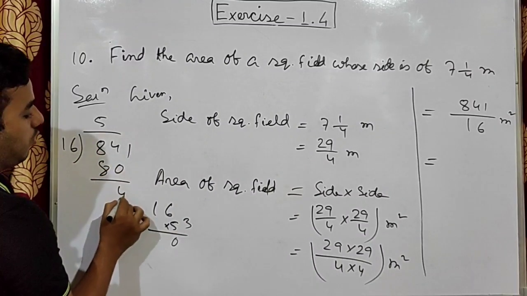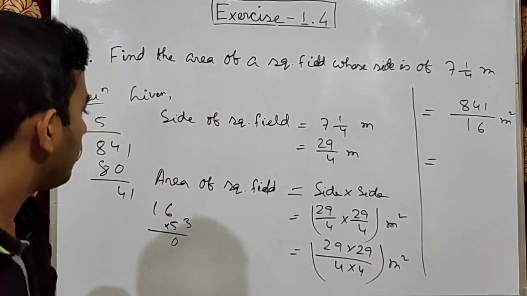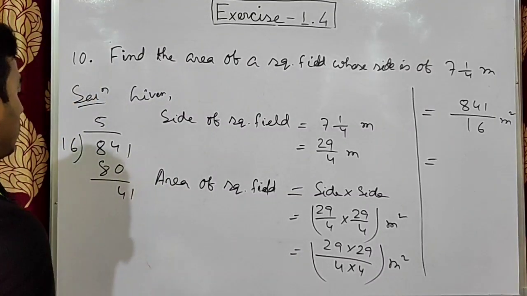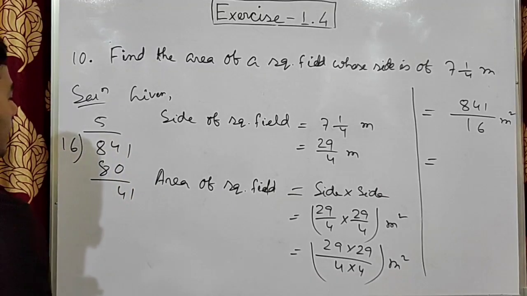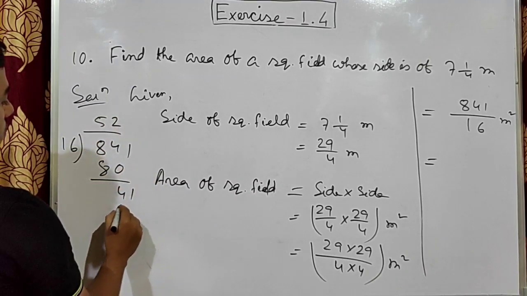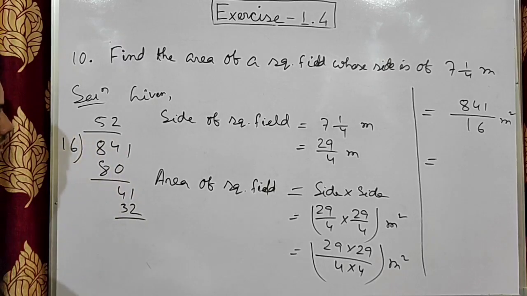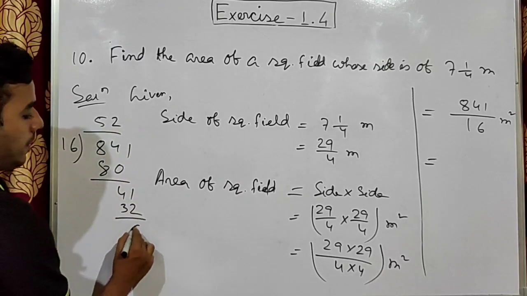Then 41, right? Then 16 into 2. 16 into 2 is how much? 16 into 2, it is 32. Remainder left 9.